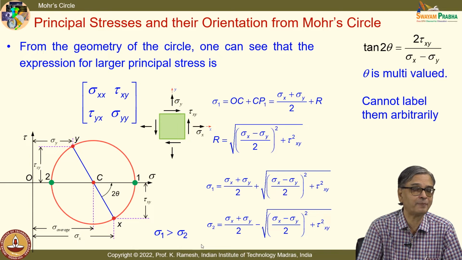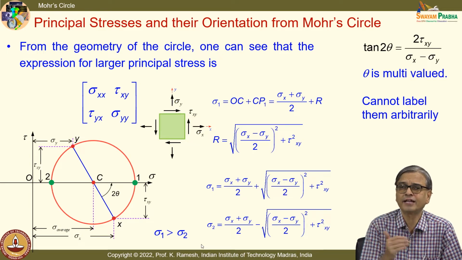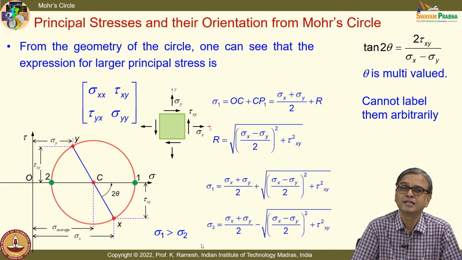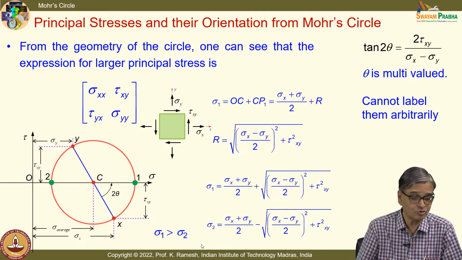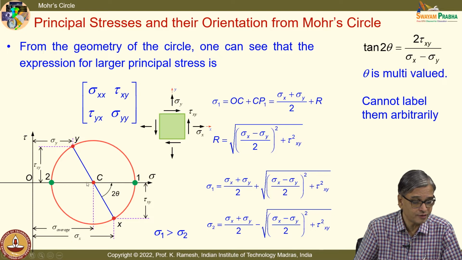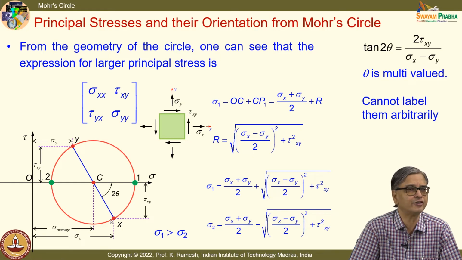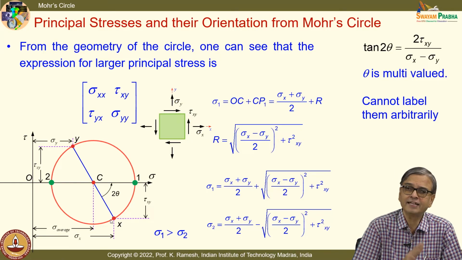I have taken a planar problem. If you are taking a 3-dimensional problem, you will have theta 1, theta 2, theta 3. You will have to go to Mohr circle and then find out what is the orientation of principal stress 1 and what is the orientation of principal stress 2 from the x plane or the y plane, whichever is convenient to you. Is the idea clear?